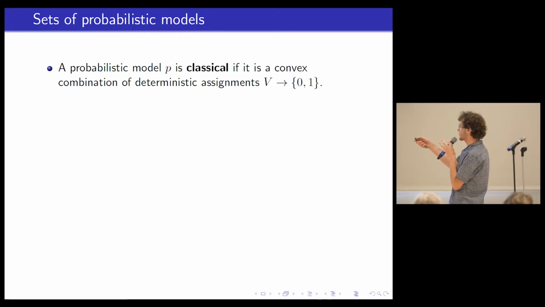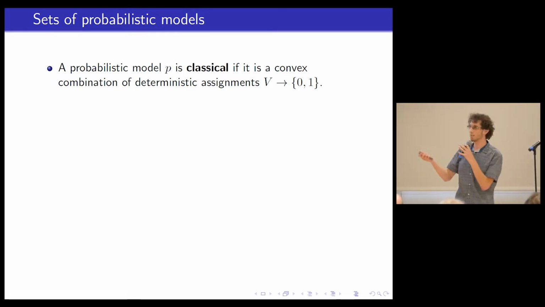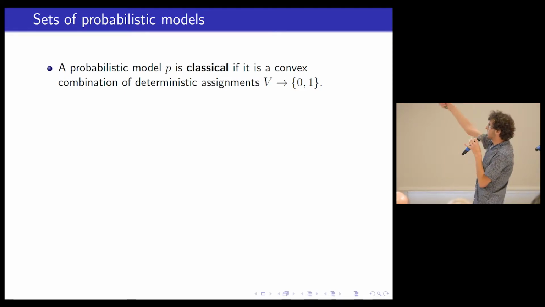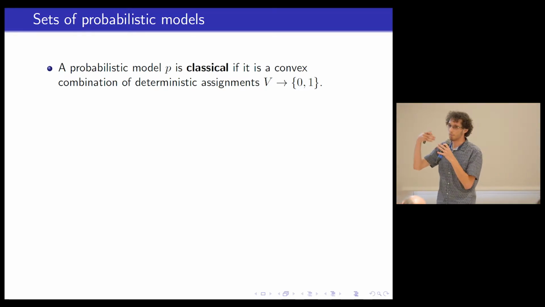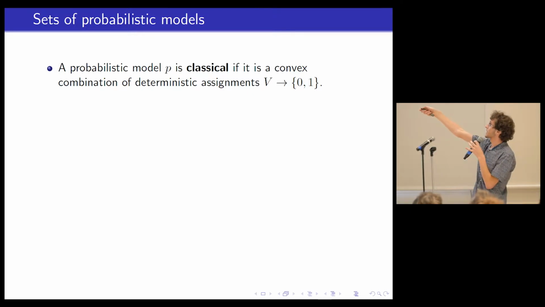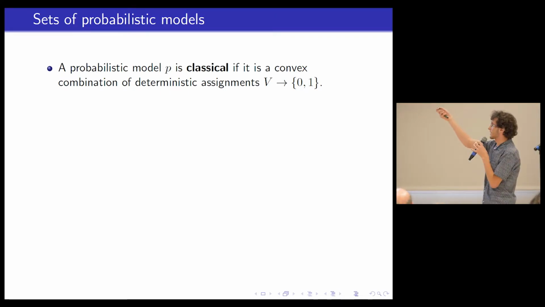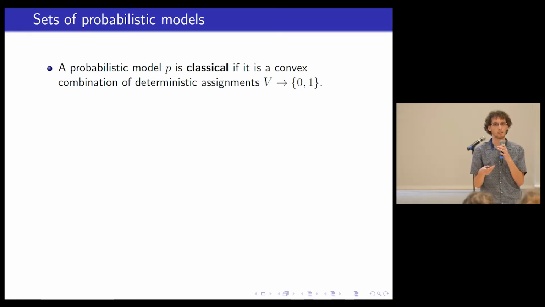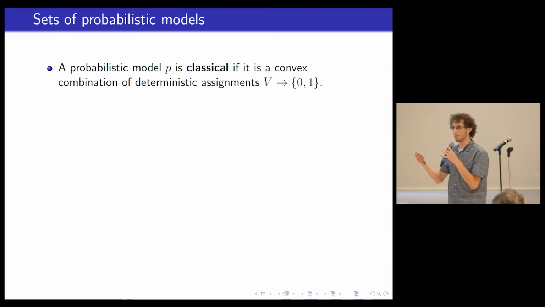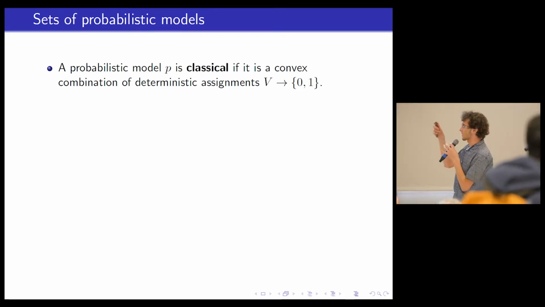For example, if we want to assume a non-contextual theory, if you know what that means, or here I call it classical, it yields these probabilistic models. We would say that a probabilistic model is classical if it can be written as a convex combination of just assigning deterministic values to those vertices. And this property, in fact, is equivalent to the existence of a joint probability distribution for the measurements in the structural picture. We will get to that later.